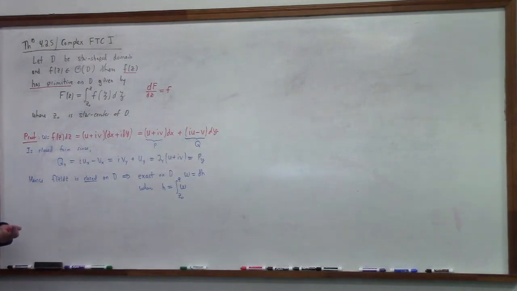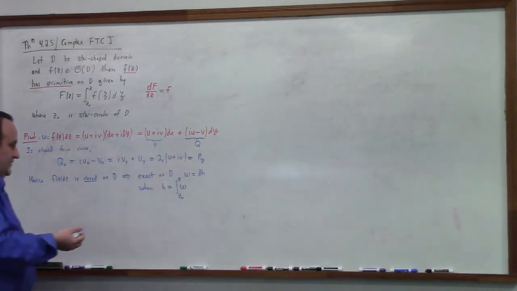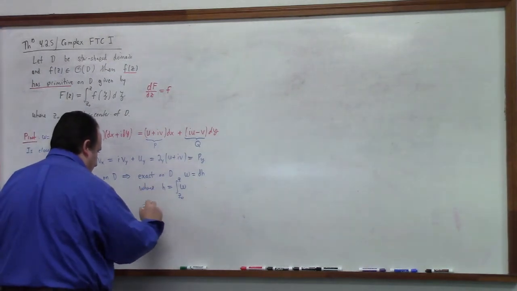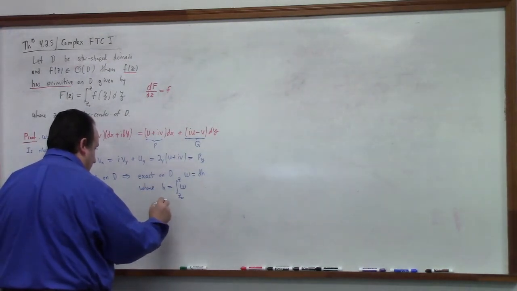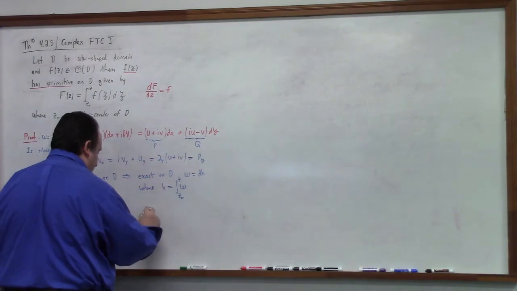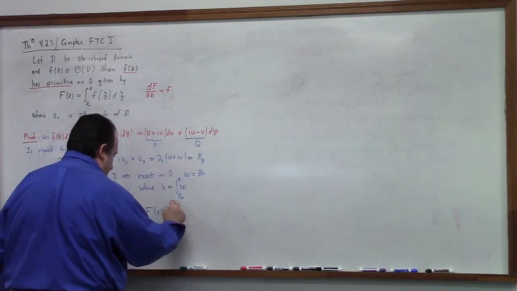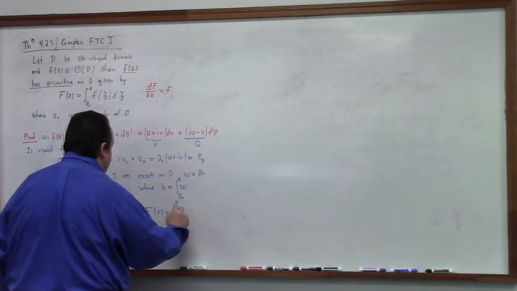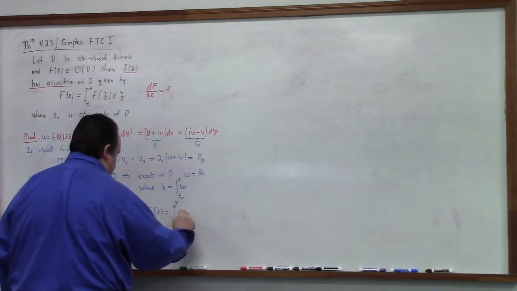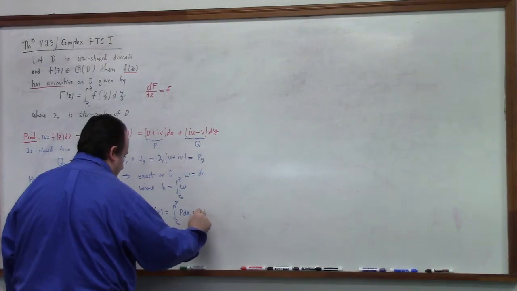That was the proof, actually. That's how we constructed the potential for the closed form to show it's exact, which in our current language gives us that, calling h big F, F of z is the integral from z naught to z of P dx plus Q dy.